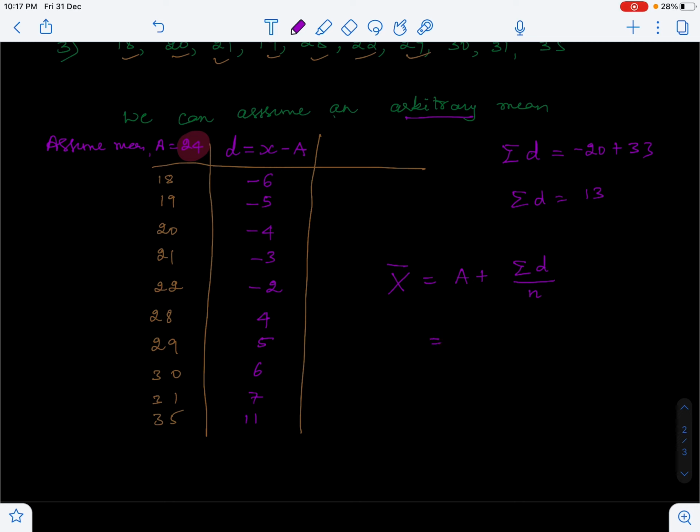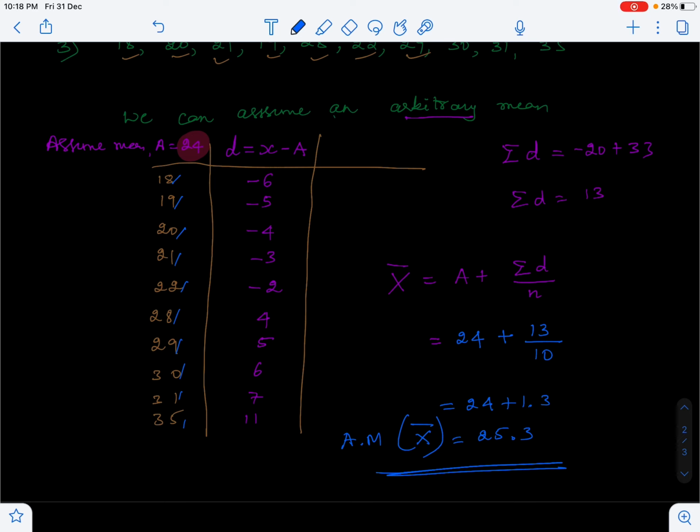Here the assumed mean is 24 plus summation of d is 13, and the number of observations is 1, 2, 3, 4, 5, 6, 7, 8, 9, 10. Adding these, the answer is 25.3. So the arithmetic mean is 25.3. You can use the direct method also, and you will get the same value.